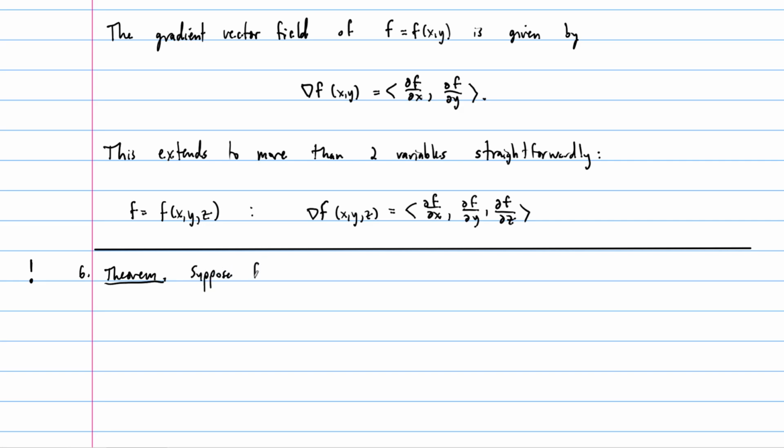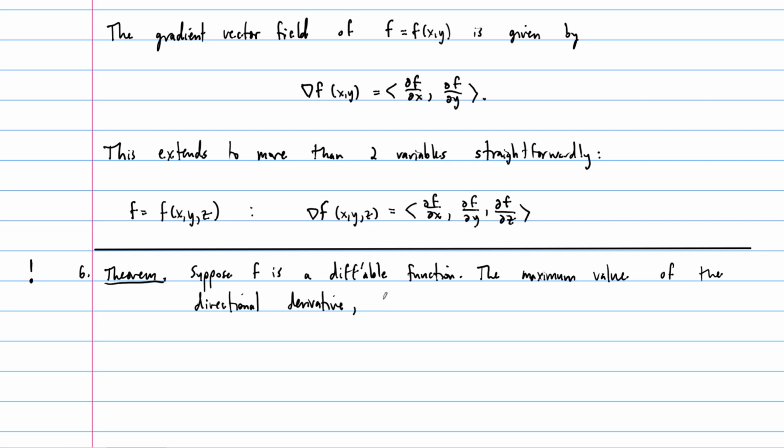Suppose f is a differentiable function, a differentiable function of any number of variables. So you can in your mind think of two variables, but this could be 3, 4, 5, doesn't matter. But here's what the theorem says. The maximum value of the directional derivative, remember this is denoted by D sub u of f at the point x.